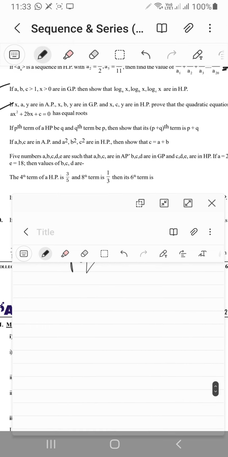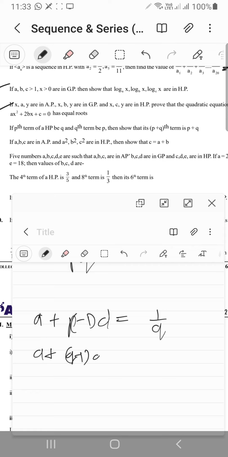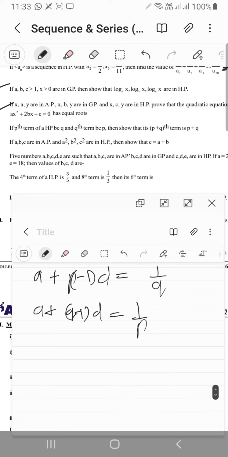Just start once again. For the AP, you have A plus P minus 1 times D, and that thing is 1 upon Q. Similarly, A plus Q minus 1 times D is 1 upon P. If you subtract that, you get A minus D. Don't really subtract, just multiply by Q. So A minus D into Q minus P is 0, so A minus D is 0.